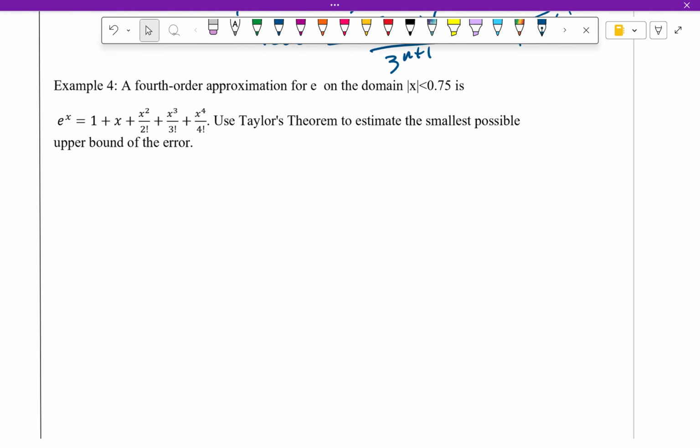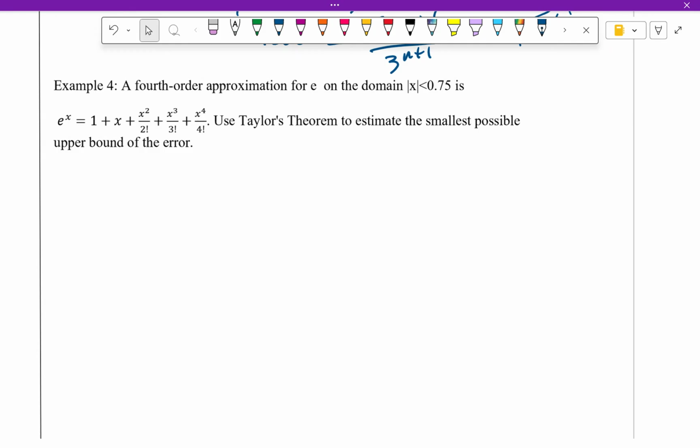So they gave me a 4th order approximation for e to the x on the domain x less than 0.75, okay? So we know our x value cannot get bigger than 0.75. They gave us the e to the x expansion. Great. Use Taylor's theorem to estimate the smallest possible upper bound of the error.